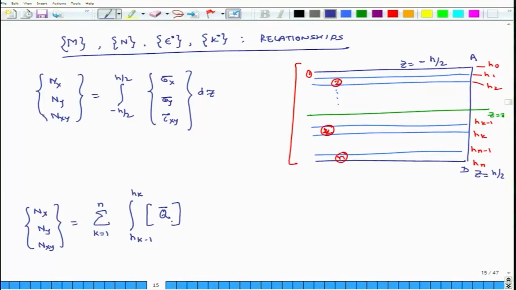For the kth layer, the stress is Q bar times epsilon x, epsilon y, gamma xy plus z times kx, ky, kxy.